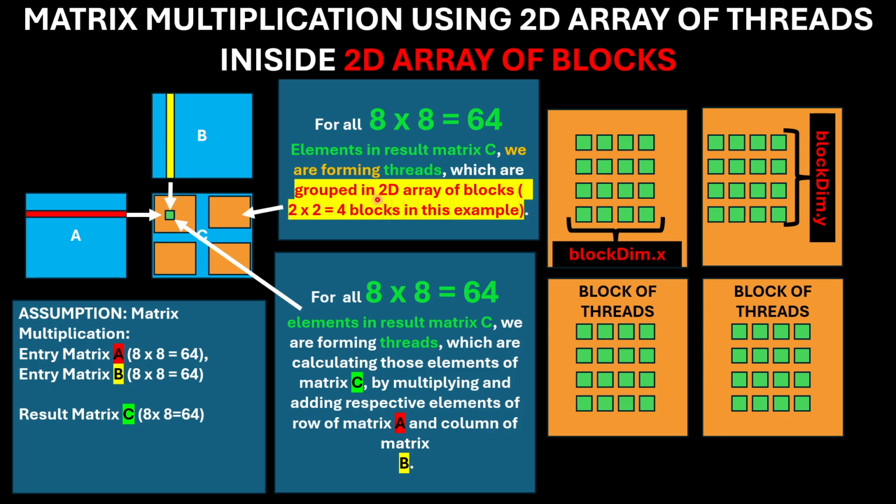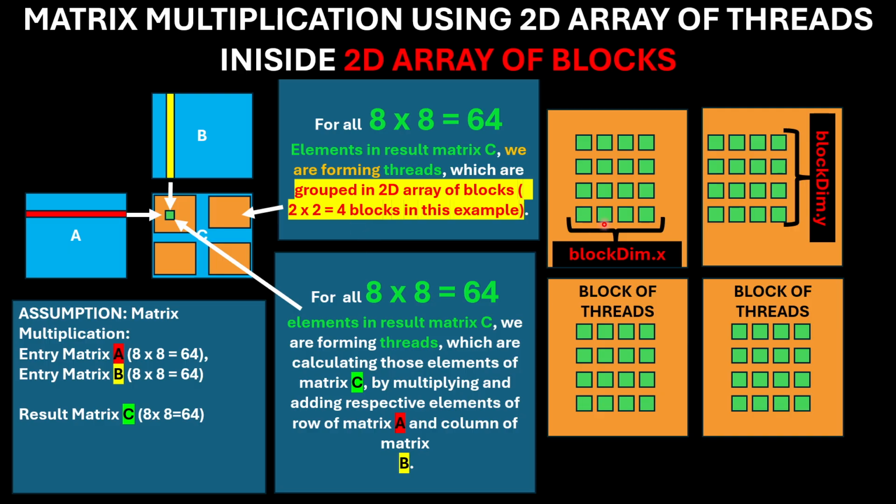So yes, we are forming threads, we are forming a 2D array of threads, but each 2D array of threads is inside of one block, and also there is a 2D array of that kind of blocks. So I think everybody understands what is the name of the game.